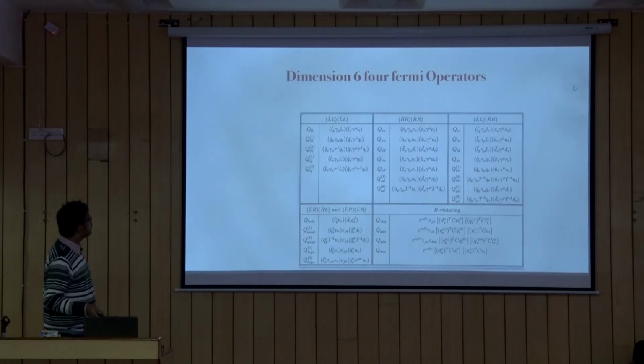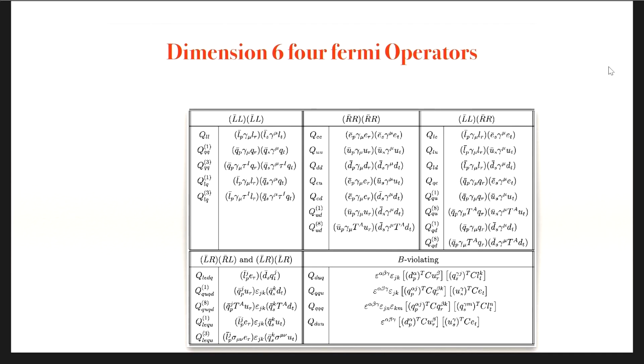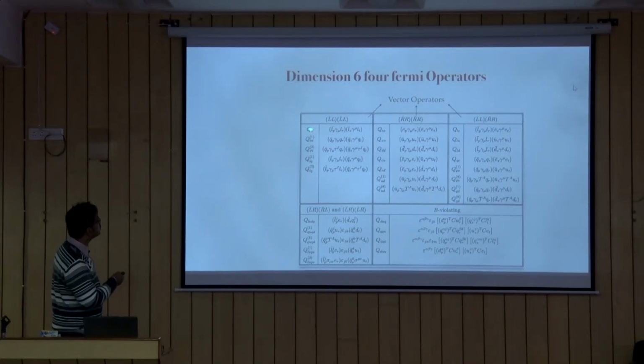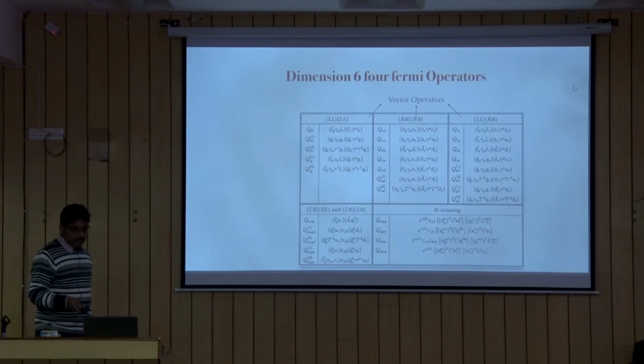And then you have a bunch of four-Fermi operators, which are also classified by combinations, as Jose discussed: L bar L combinations, R bar R combinations. That means all the fermions introduced to construct these operators are left-handed doublets in one case, right-handed singlets in another, and a combination of left-handed doublets and right-handed singlets in the third.